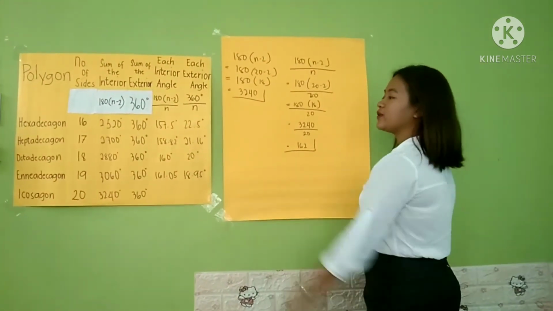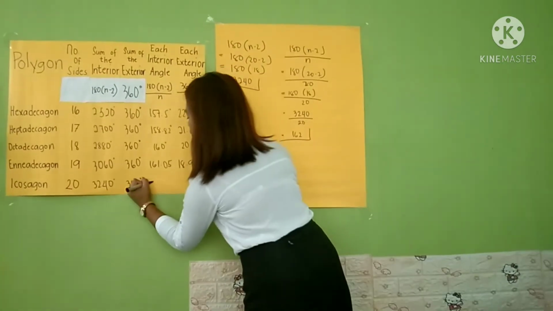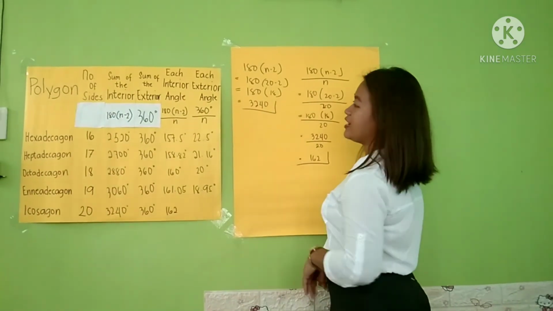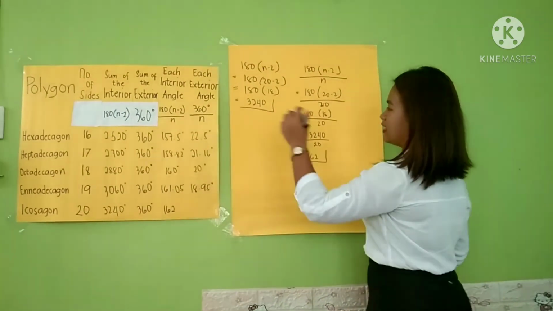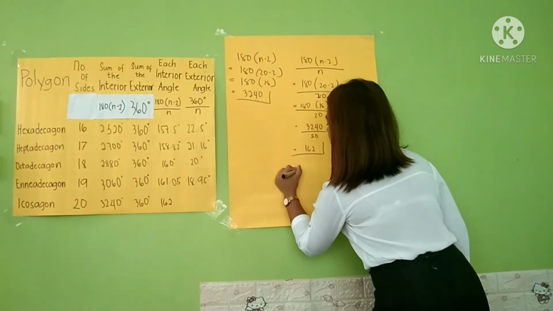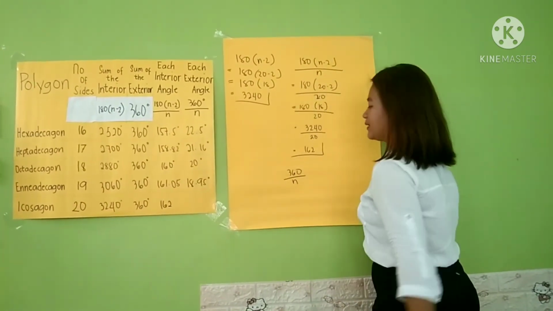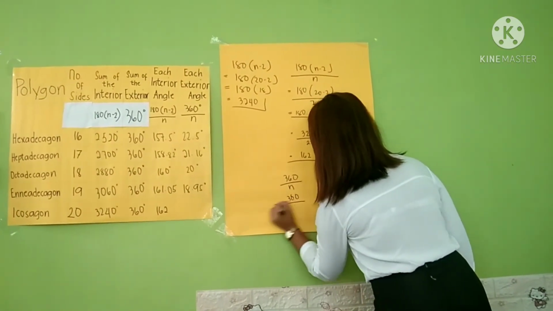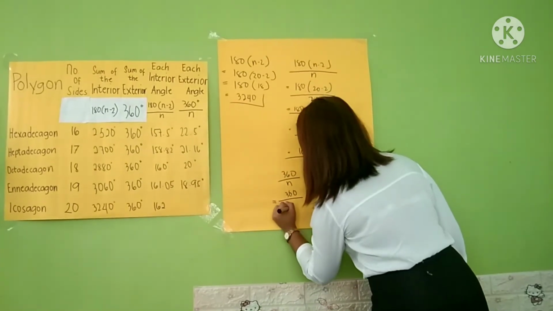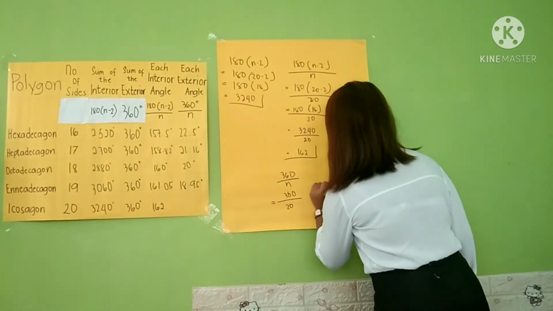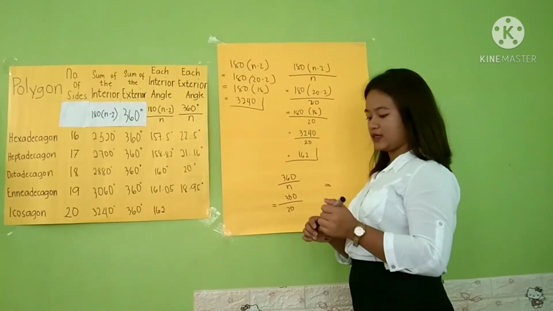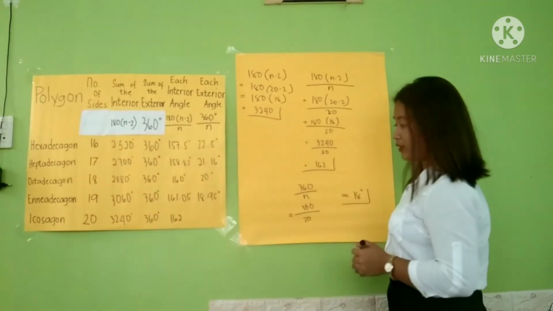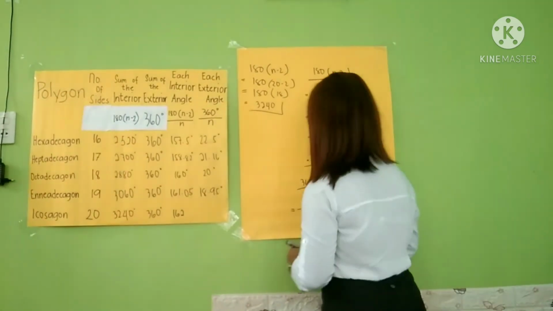Then we put it on the table again. Last, for each exterior angle, the formula is 360 over n. n is 20, the number of sides, and 360 divided by 20 is 18 degrees. We put it again in the table.